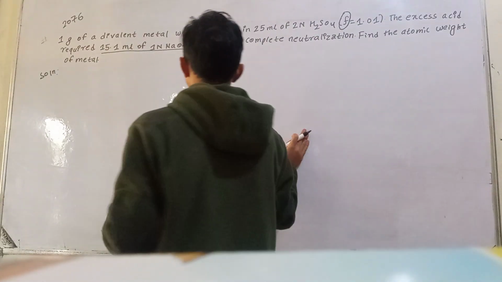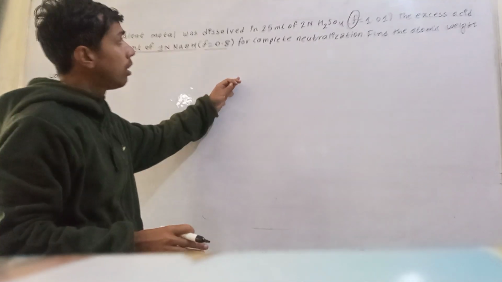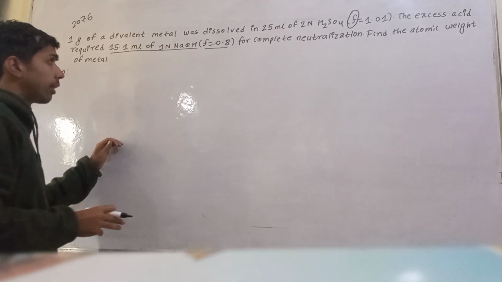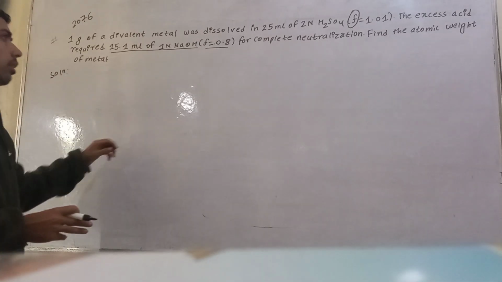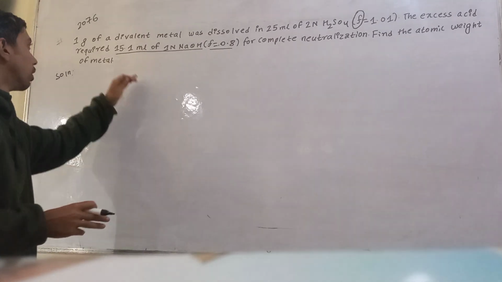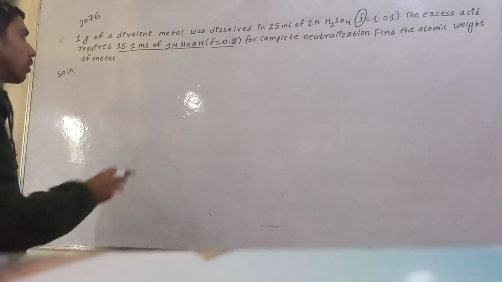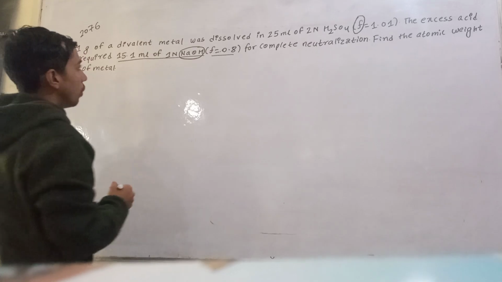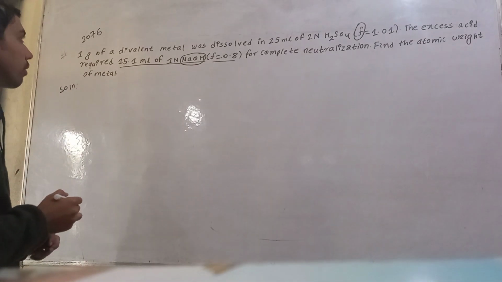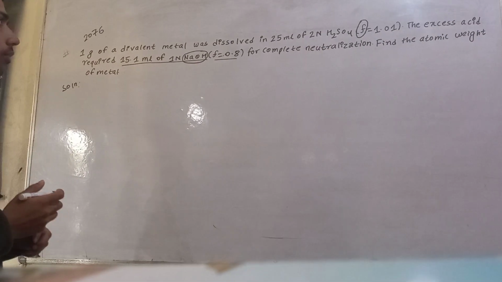Now for such type of the question, the acid reacted with the metal and the remaining amount of the acid is reacted with the base, that is NaOH. If we have the OH ion at last, that is called the base, and H2SO4 is the acid.